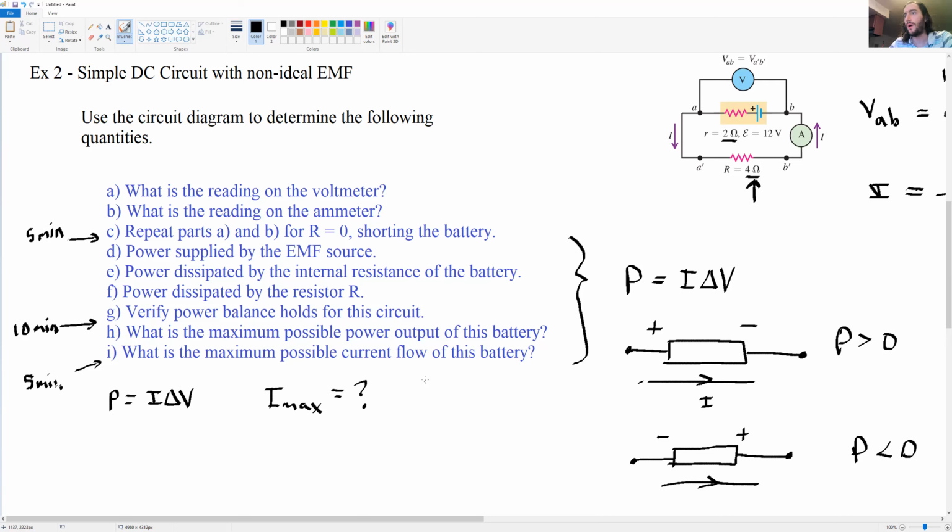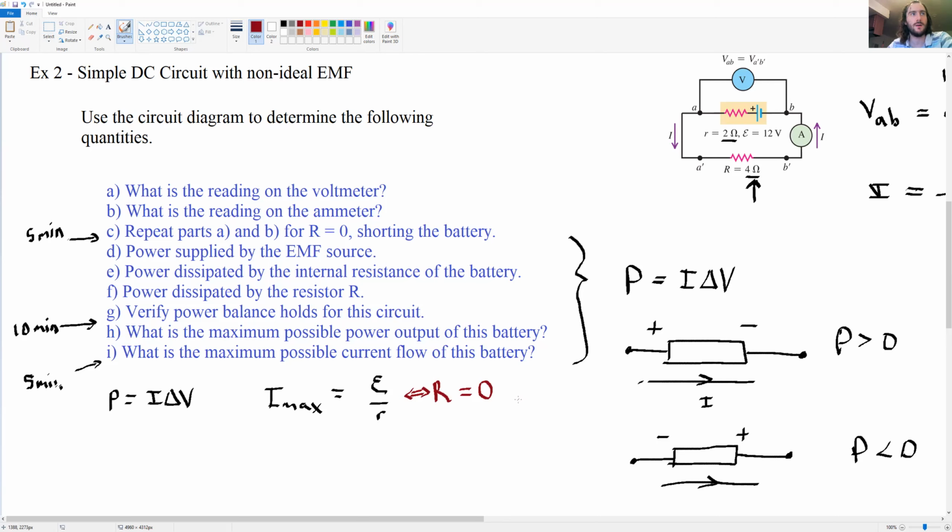And so there's always a limit to the maximum amount of current that can flow in a battery, and it's given by this expression here. The EMF source of the battery divided by its internal resistance. This is like saying big R in the circuit that we have here is equal to 0. These are one and the same.